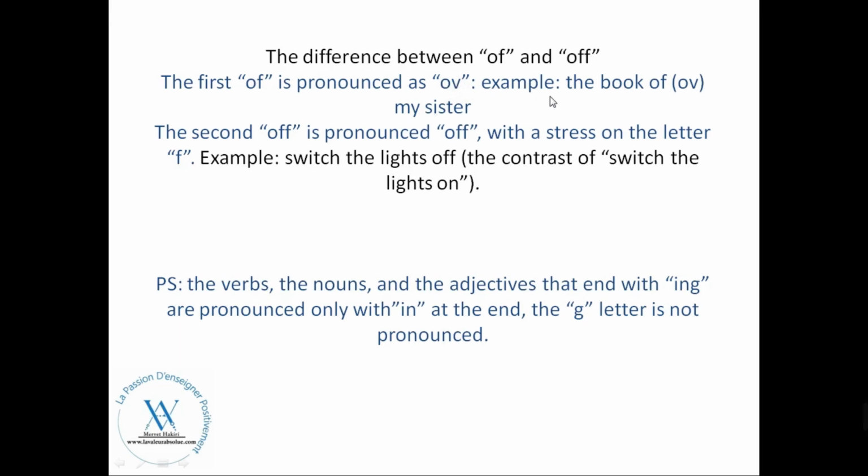Example: the book of my sister. You see how it is pronounced? We say "of", not "off". Please guys, try to listen carefully to the way I speak. The book of my sister. So the first "of" is related to property, something that belongs to someone.